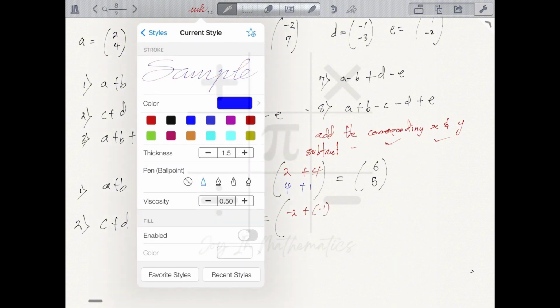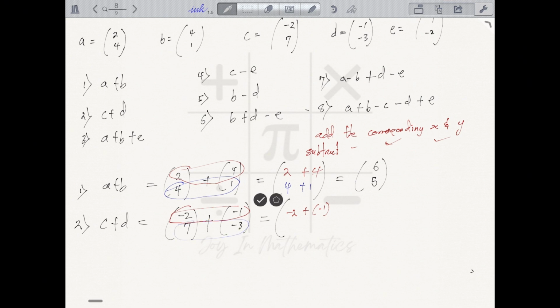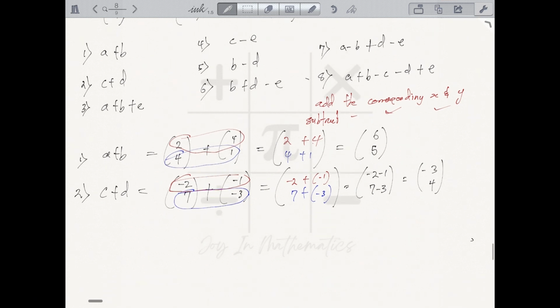And the corresponding y values, or the y components, are 7 plus -3. When we resolve this, we have -2 minus 1 and 7 minus 3. So this will give us -3 and 4. So C plus D, the resulting vector, is (-3, 4).